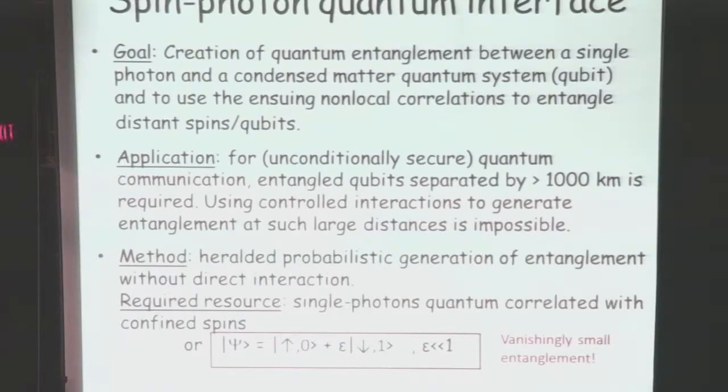So even if you start out with a superposition of spin up and zero photons and a very small probability amplitude for flipping the spin and generating a photon, this is sufficient to generate heralded entanglement, where the spins would be maximally entangled, even if you start out with vanishingly small entanglement.